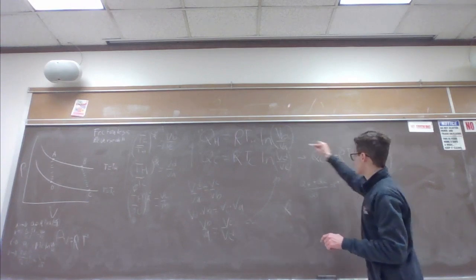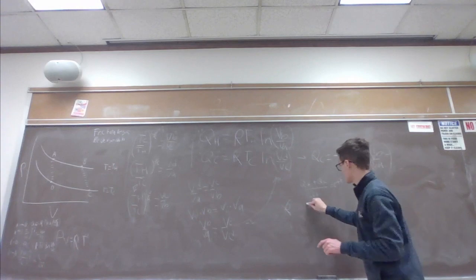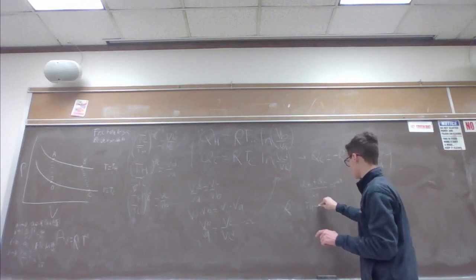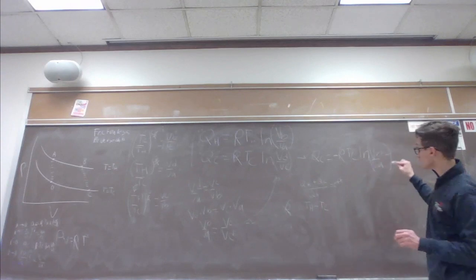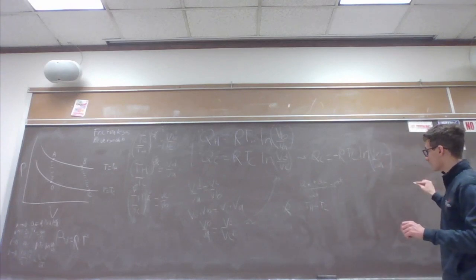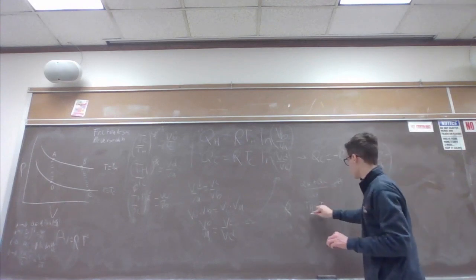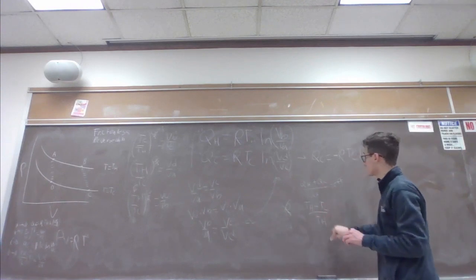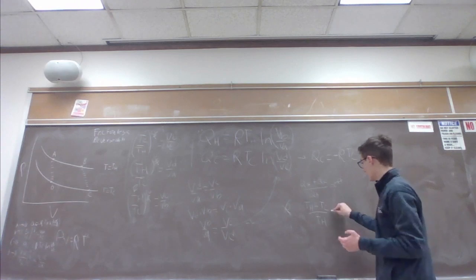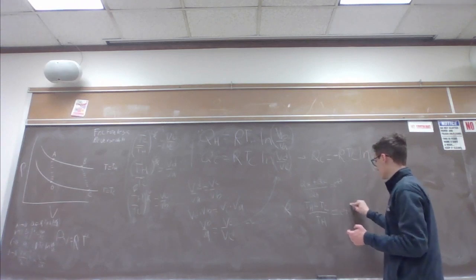We would then have TH minus TC all over ln of VB over VA, all right? And the ln terms would cancel, which would mean this would be all over TH. And there, this is the efficiency.